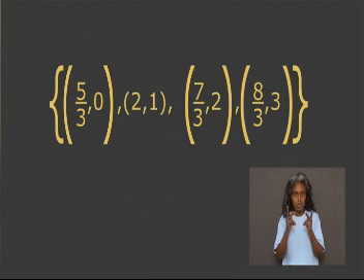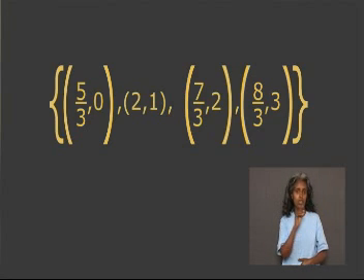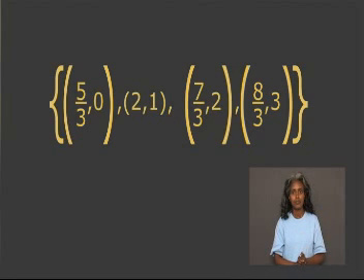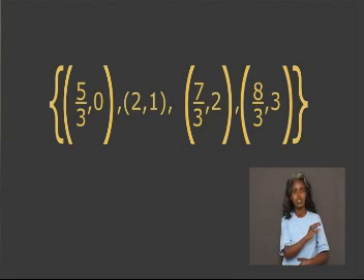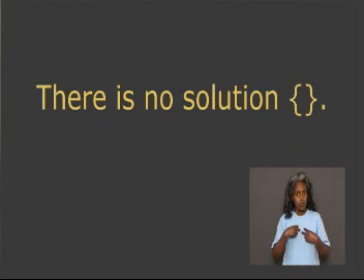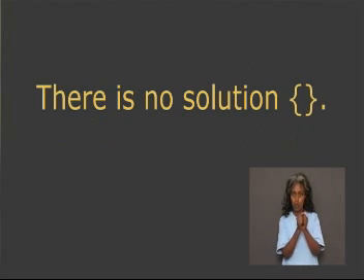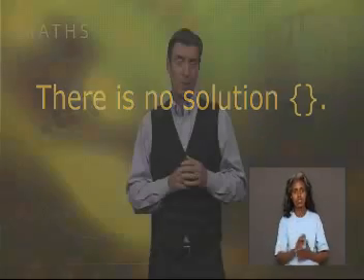The ordered pairs for 3x minus y equals 5 are (5/3, 0), (2, 1), (7/3, 2), and (8/3, 3). We have no ordered pairs in common. Therefore, there is no solution to this system of equations.